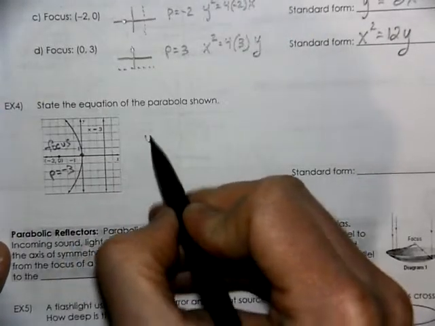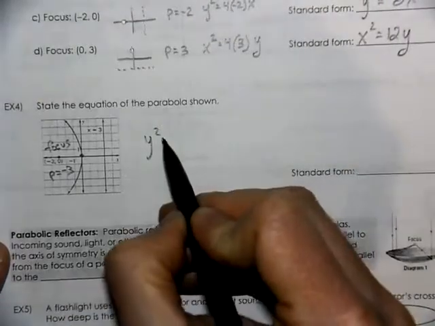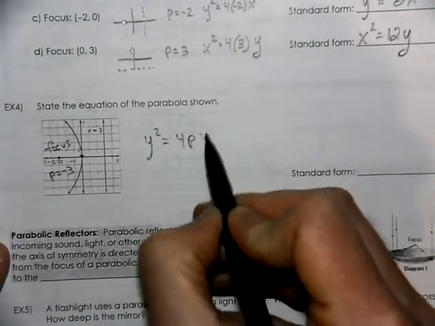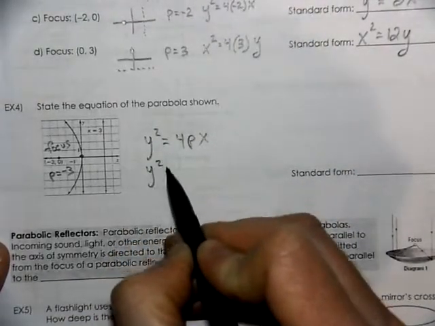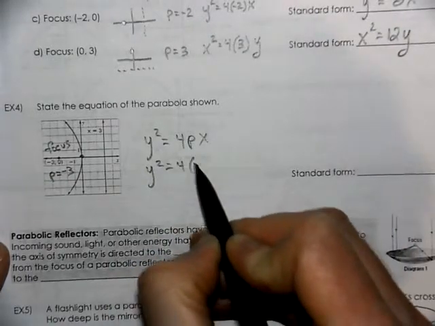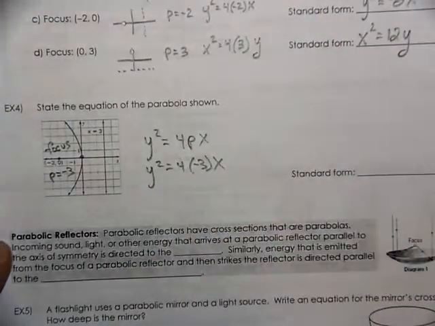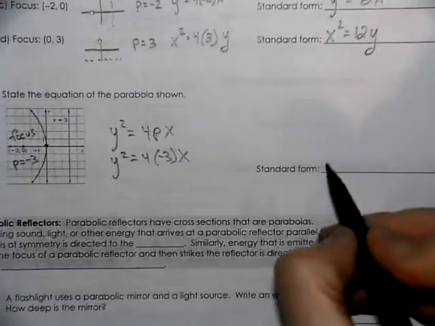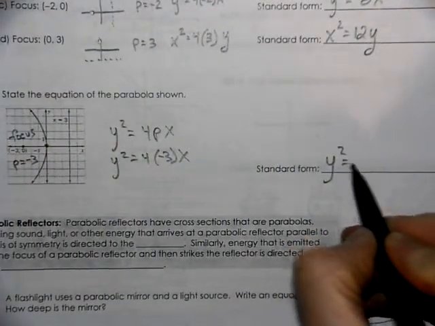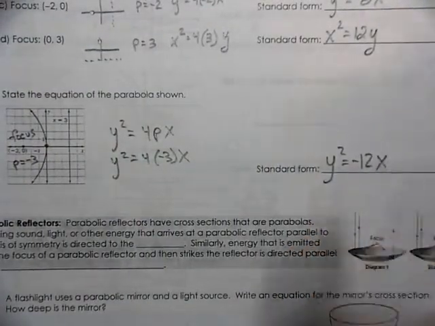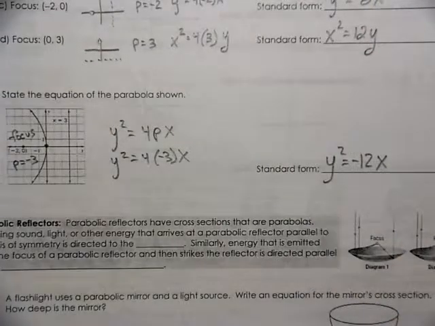So since it's opening up sideways, we know it's going to be y squared equals 4px. So if p is -3, then we know the equation is going to be y squared equals -12x.